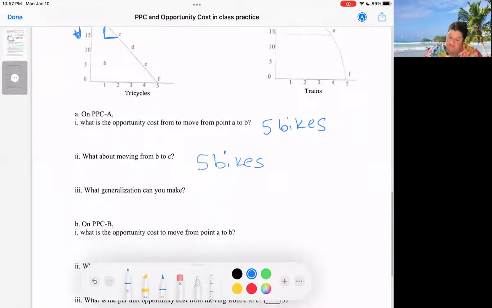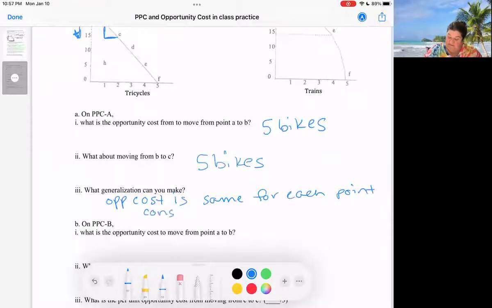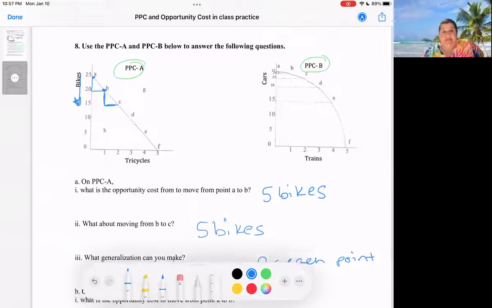So generalizations can we make? Opportunity cost is the same for each point. So it has a constant opportunity cost. The other assumption that we can make is that these are easily substituted goods.